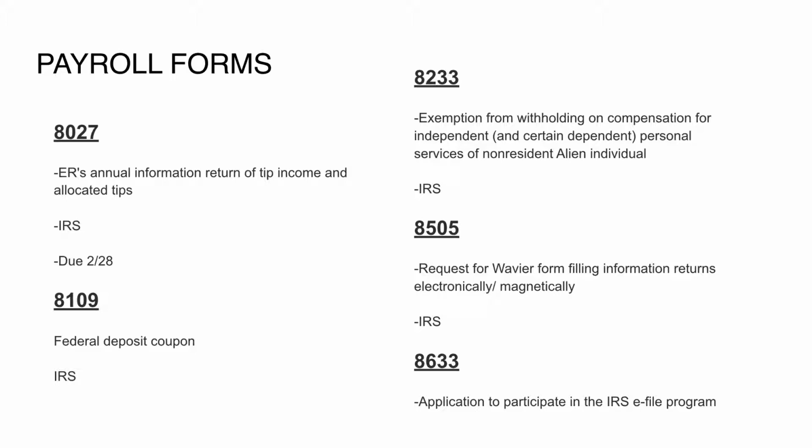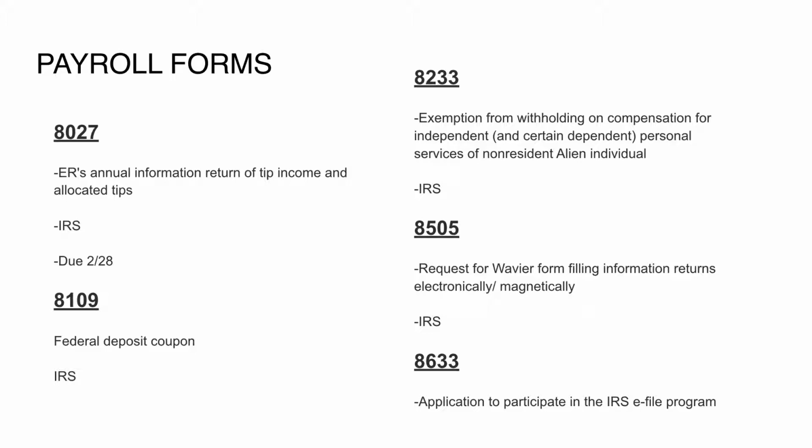Form 8233, Exemption from withholding on compensation for independent and certain dependent personal services of a nonresident alien individual, reported to the IRS. Form 8508, Request for waiver from filing information returns electronically or magnetically to the IRS.